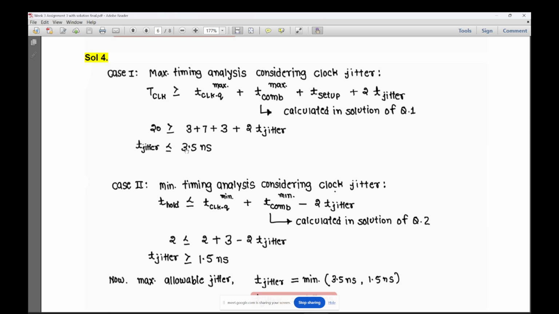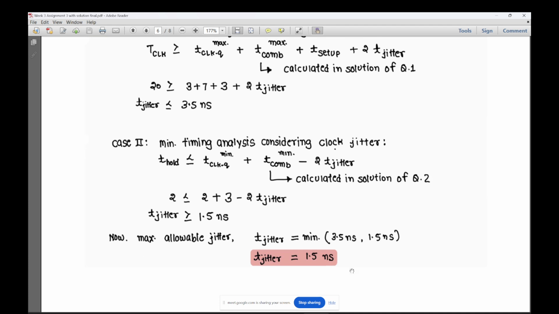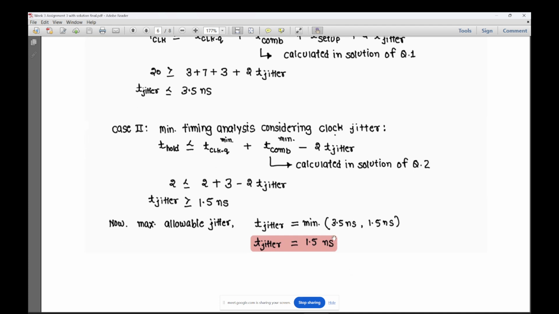So jitter is 3.5 nanosecond. So similarly you are calculating for the hold, and in that case we are taking the jitter. Do we have to take the minimum of the max-level jitter? You can say the minimum out of.